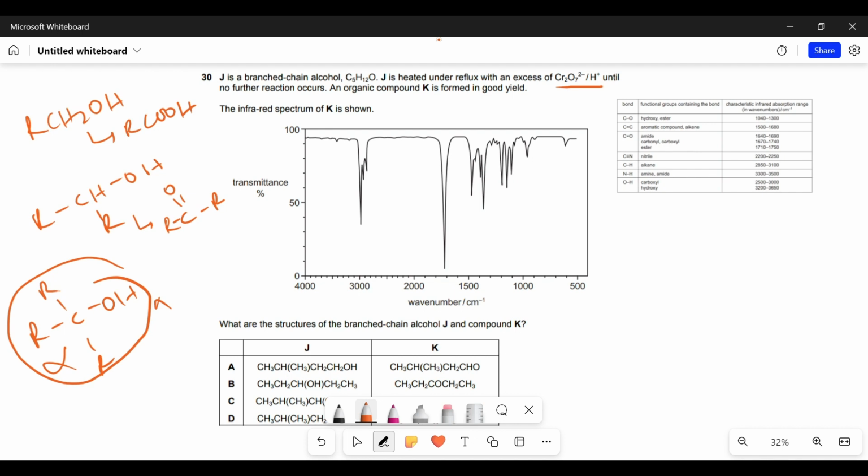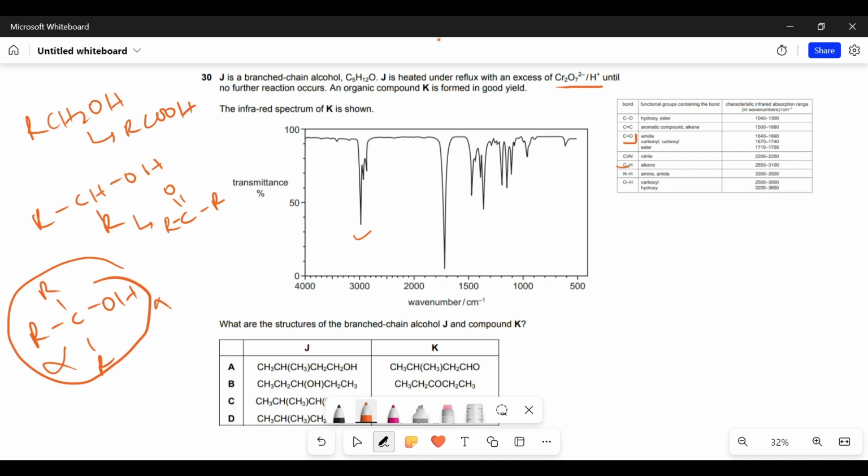Let's look at the IR spectrum. As we can see, there is a peak at around 3000, and this is a very common peak for any organic compound because it represents the C-H bond, which is found in almost all organic compounds. There is another peak at around 1700, and we can see the band for this one.